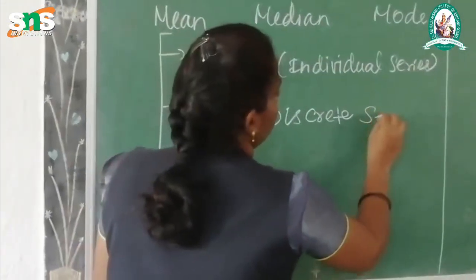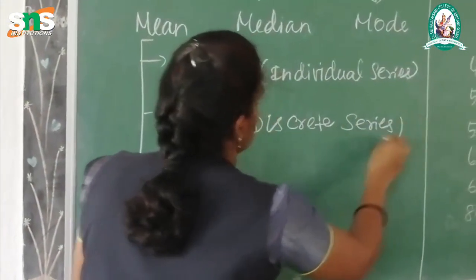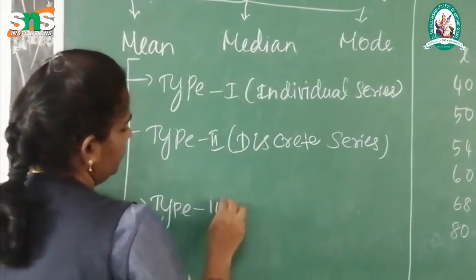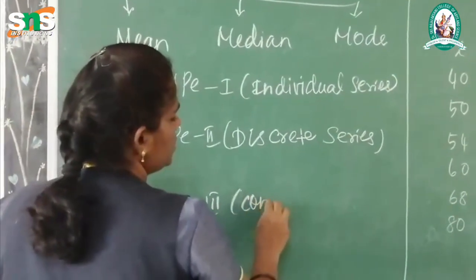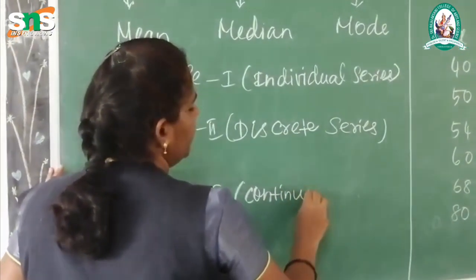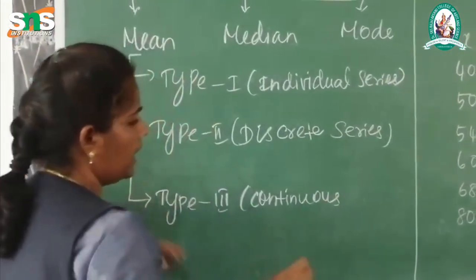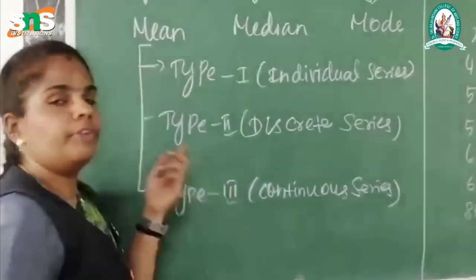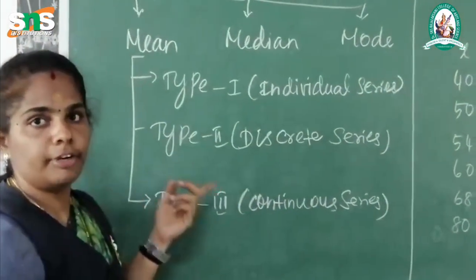For that type of data, we can solve by using discrete series formula. And the third type is continuous series. Continuous series means nothing but the data will be in the form of a class interval. There are different formulas for these three different types.